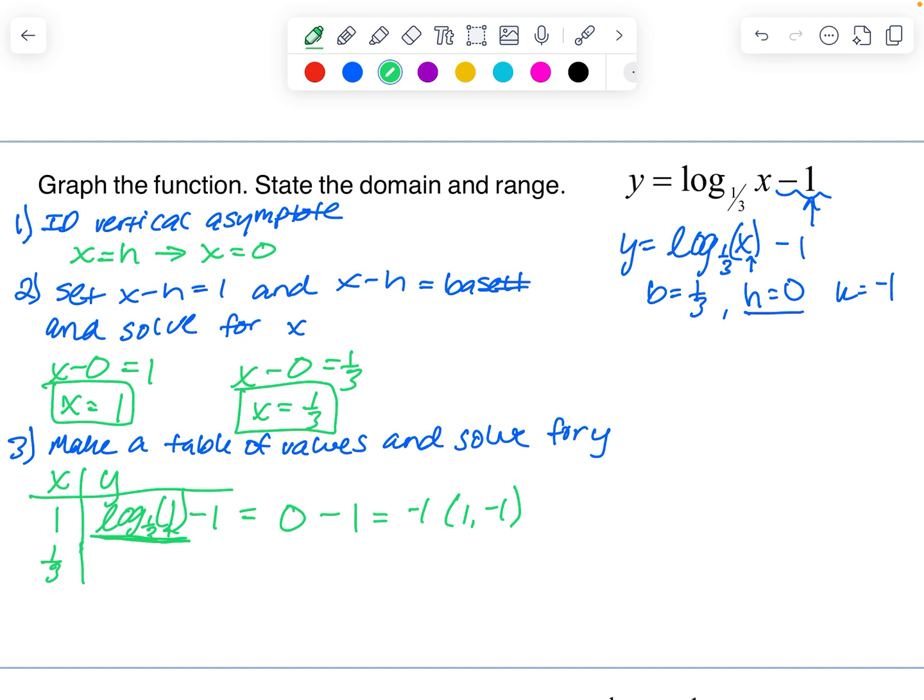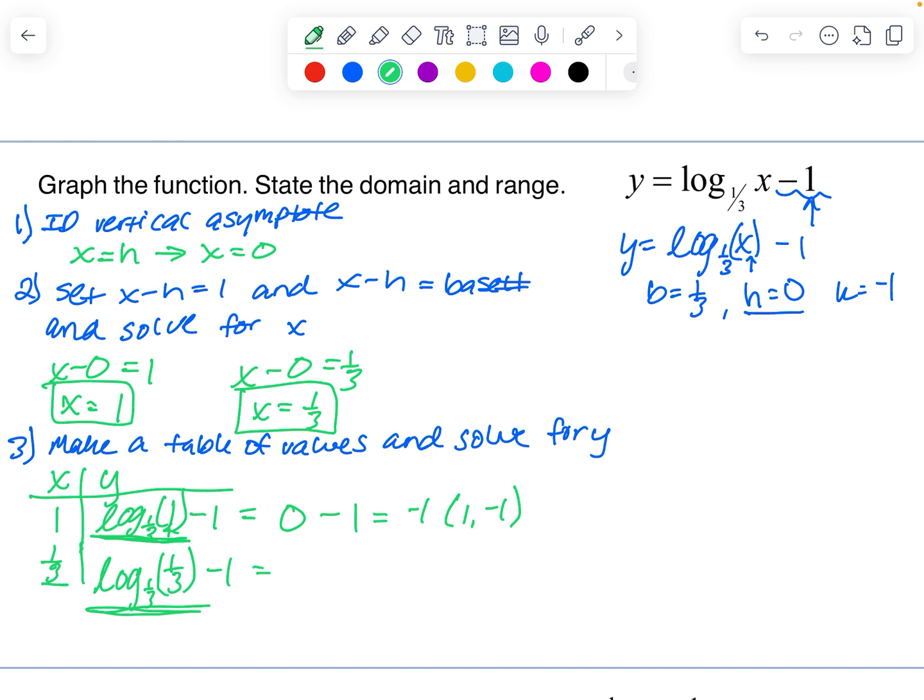The second value I'm plugging in is log base 1/3 of 1/3, minus 1. We're plugging in 1/3 for x. Again, if I evaluate my log first, this really means 1/3 to what power gives me 1/3.